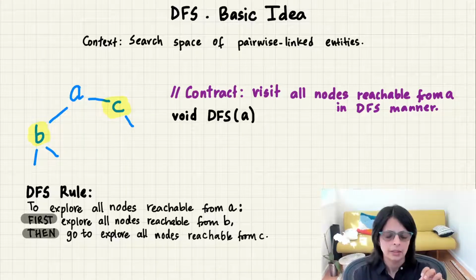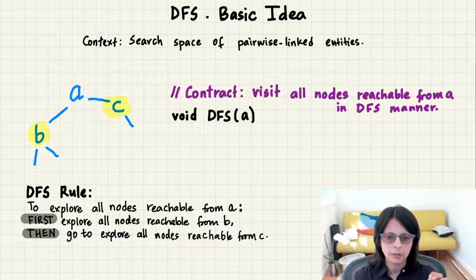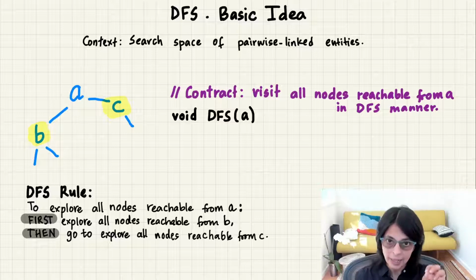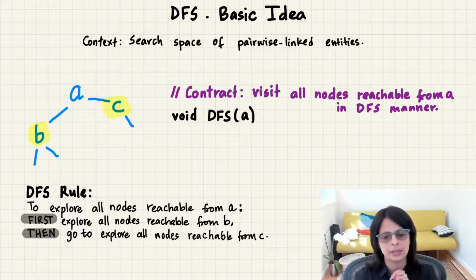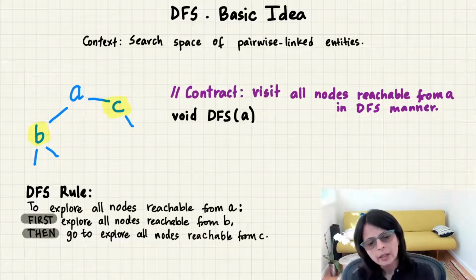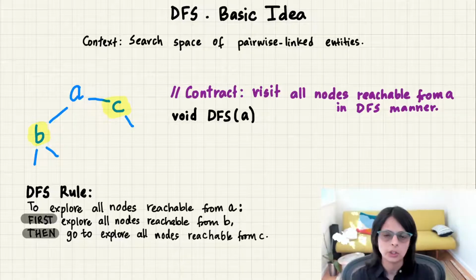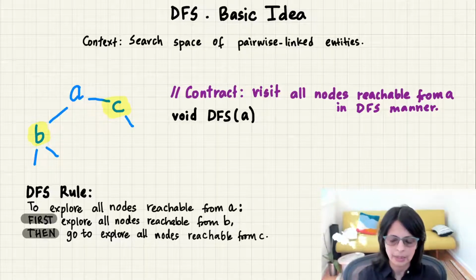In this particular example, we are looking at DFS of A. It has two neighbors, B and C. We first explore all the nodes that are reachable from B. And once we are done exploring B depth first, so going as deep into B as we can, then we come back to A, and then we try its next neighbor. In this case, that is C. And then we explore all the nodes that are reachable from C, and then we are done with depth first search of A. So that is the basic idea.